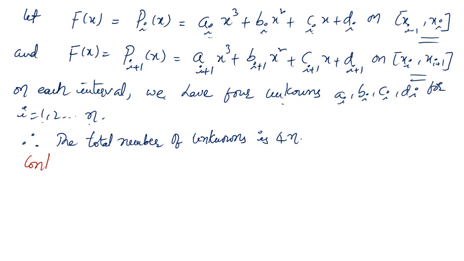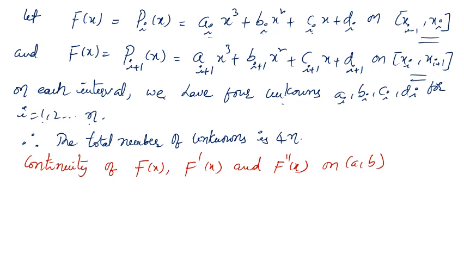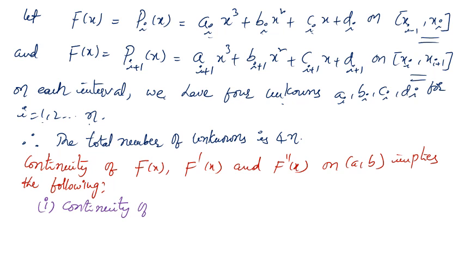Now this is important. Continuity of the function f of x, f dash x, and f double dash x on the open interval (a, b) implies the following. First we will see all the conditions. What is the first condition? The first condition is continuity of f of x. On how many intervals have we considered?